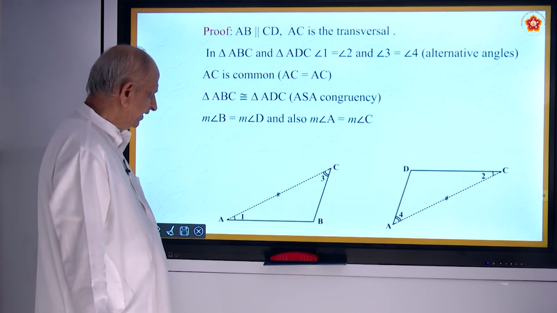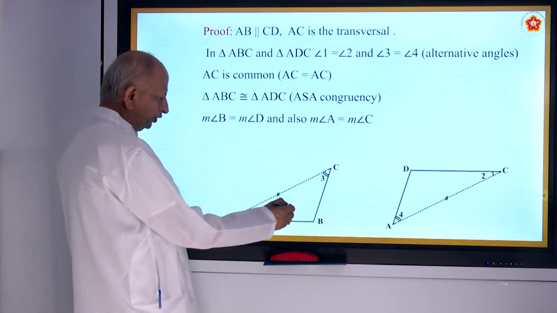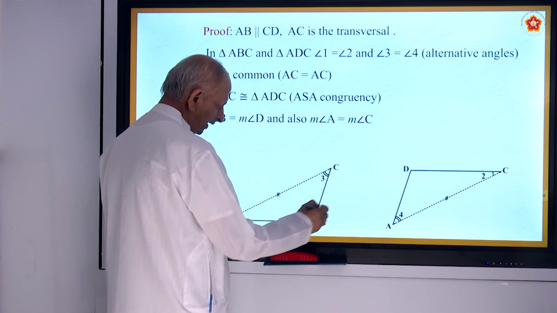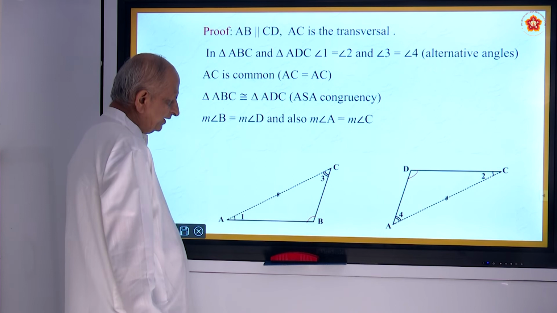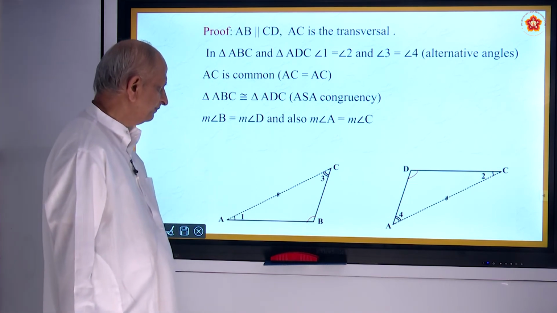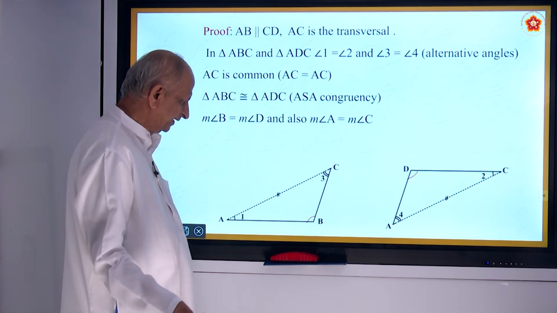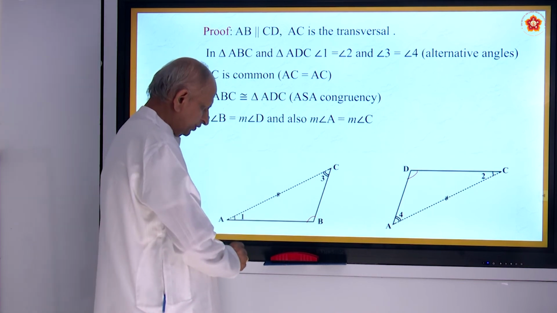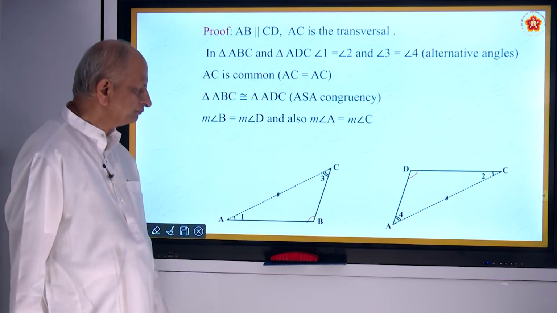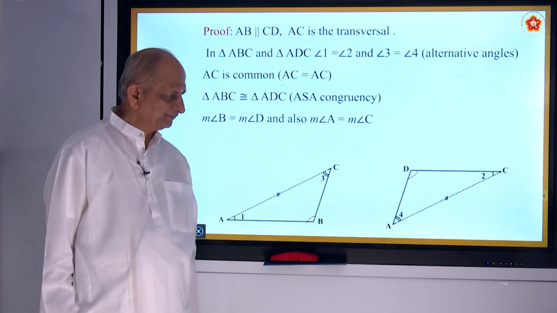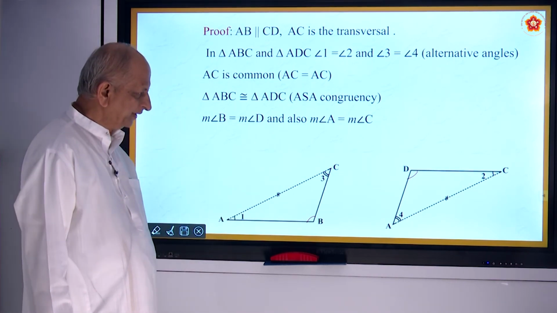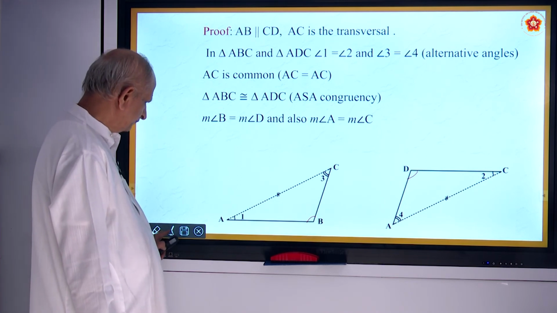We get that angle B is equal to angle D, measure of angle B is equal to measure of angle D. Also in the same method, angle A is equal to angle C. Followed? So, this is the theoretical proof of it. Now, we will work out some examples on this, correct.